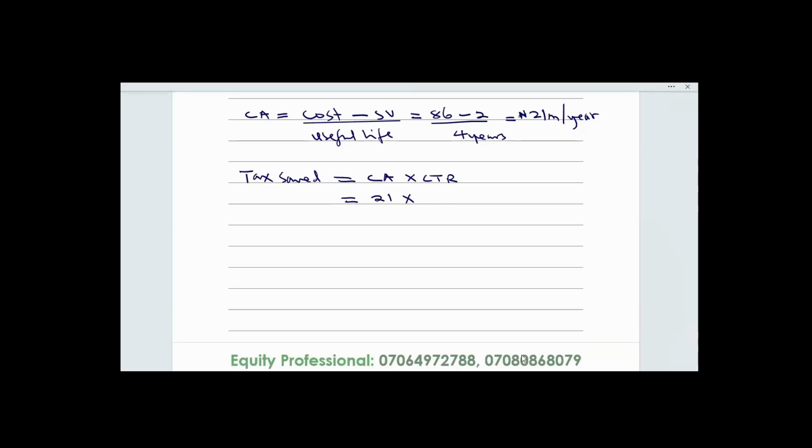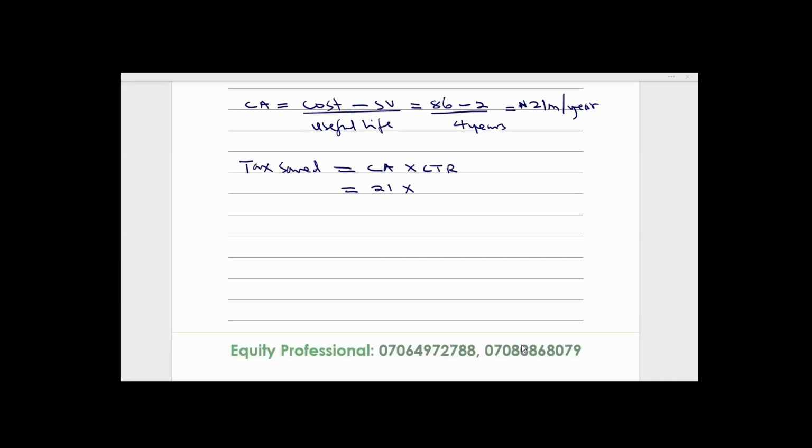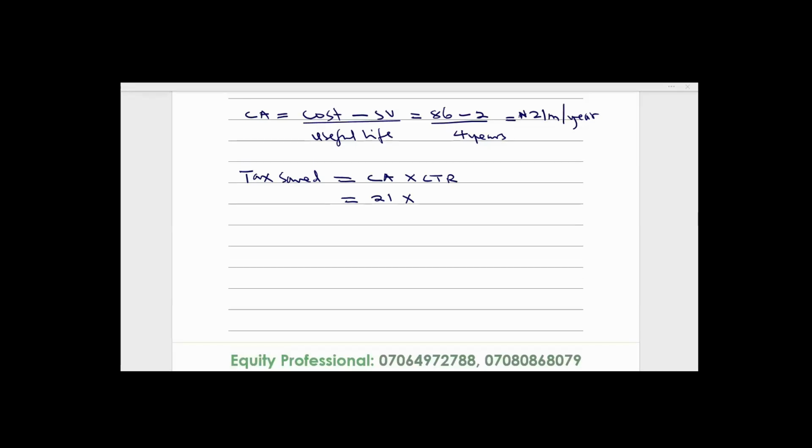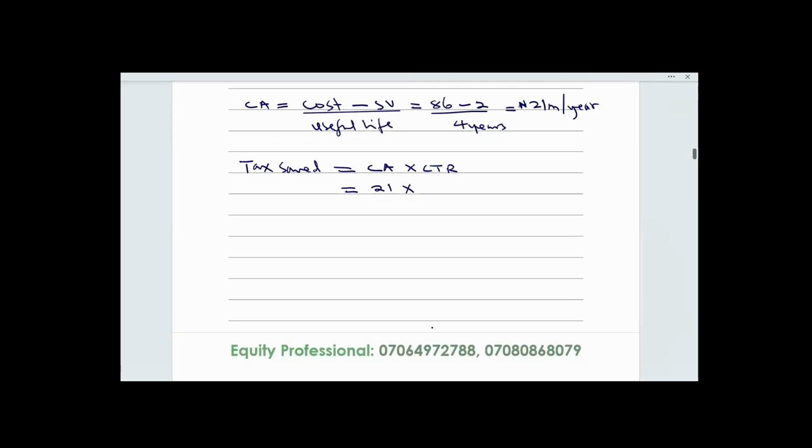According to the question, income tax is at the rate of 35% payable in the year profits occur. So payable in the current year. So 35%. I would then say 21 million multiplied by 35%.